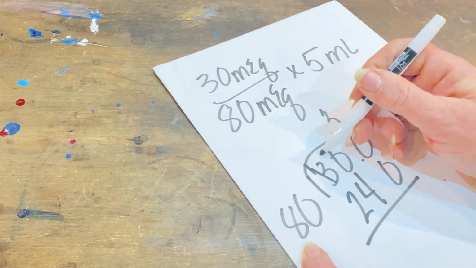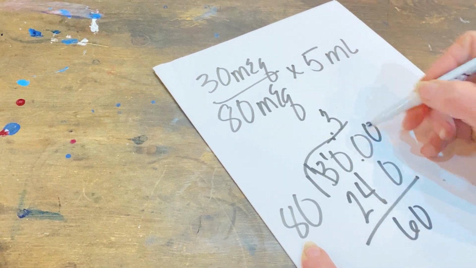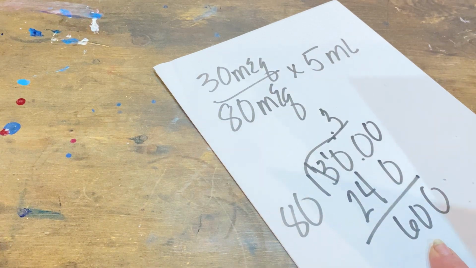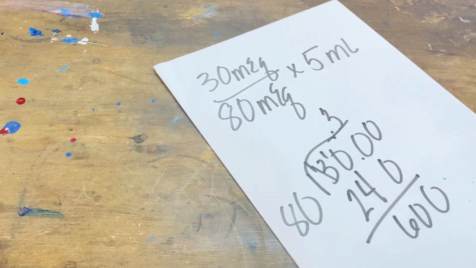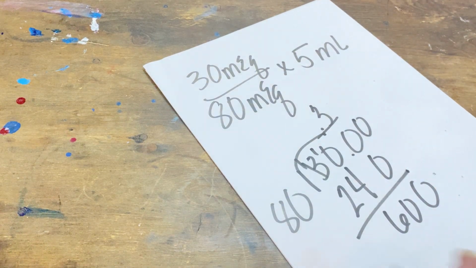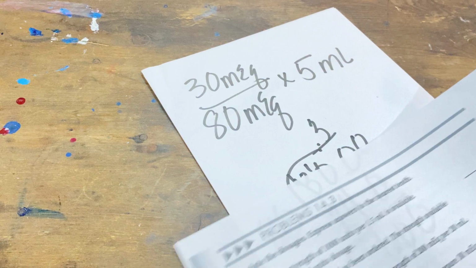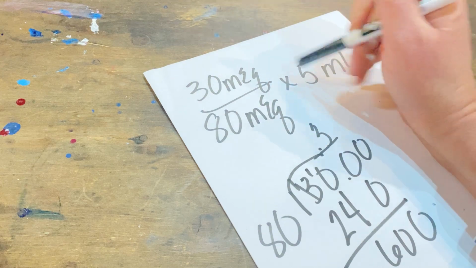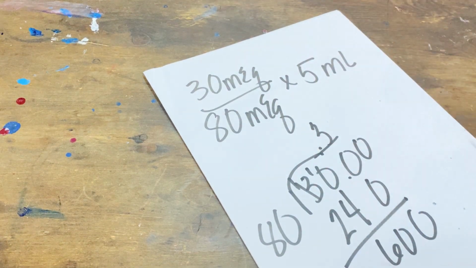That's going to be 60. 80 into 60. I'm going to cut it off at this one. Anyway, my calculator's on my phone. But look, you would do 30 divided by 80 times 5, and you should get 1.9 milliliters.